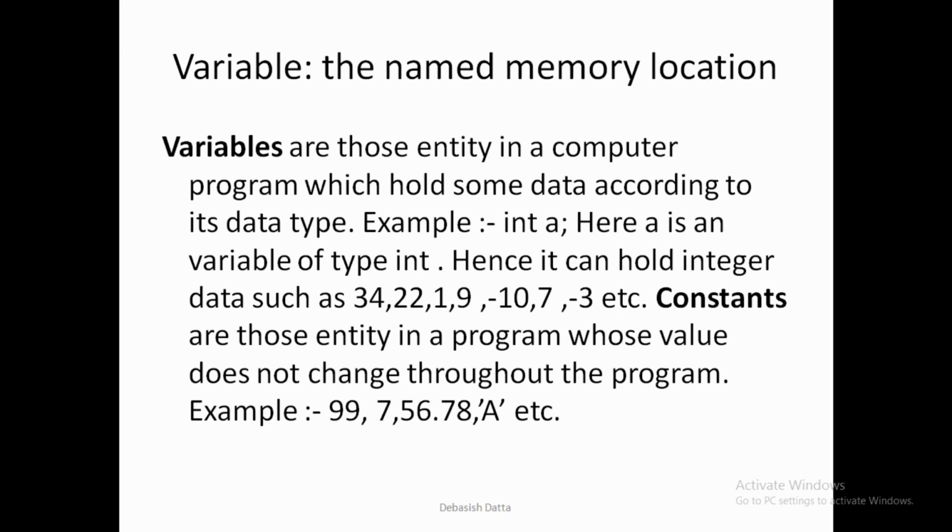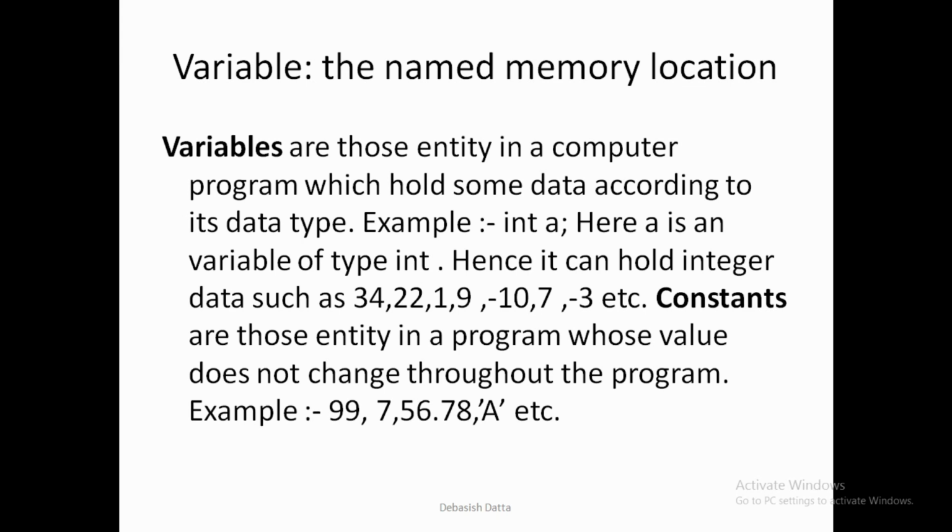How many types of constants are available in a computer program? As many types of variables as are available. So if 8 types of variables are available, 8 types of constants must be available.